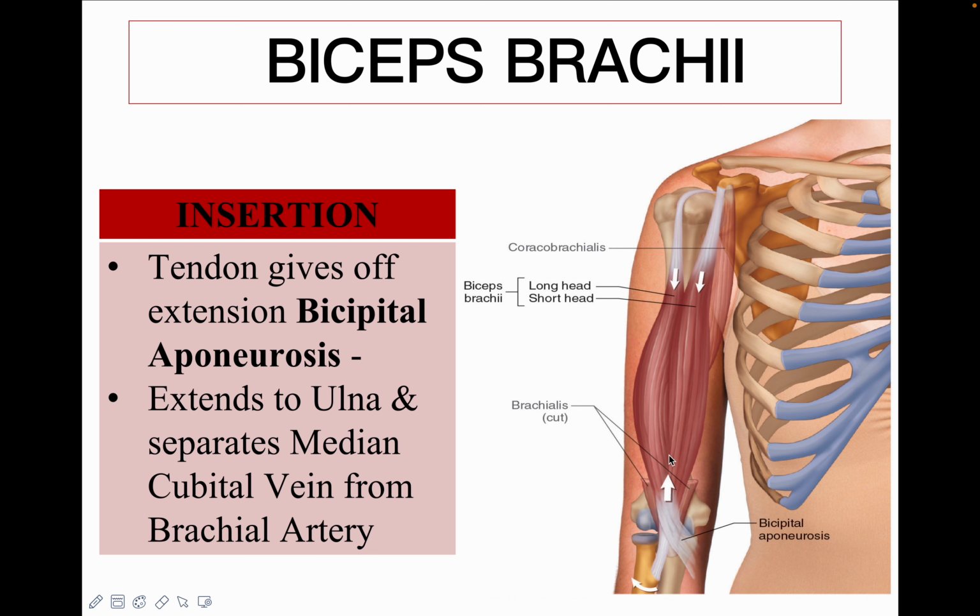You can see in this figure that the tendon is getting inserted on the radial tuberosity, but there is another extension that is going and extending to the ulna bone. That extension is known as the bicipital aponeurosis, and the significance is that this aponeurosis separates the median cubital vein and the brachial artery, two very significant vessels of the upper limb.